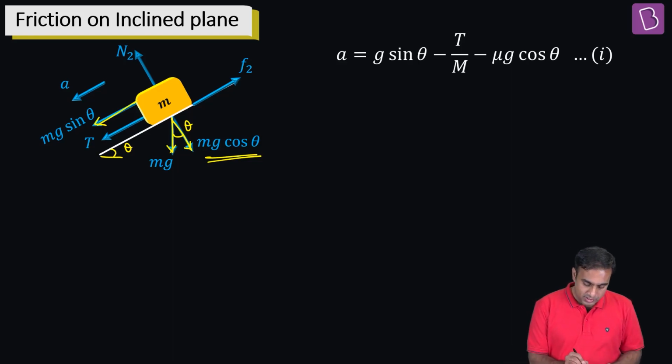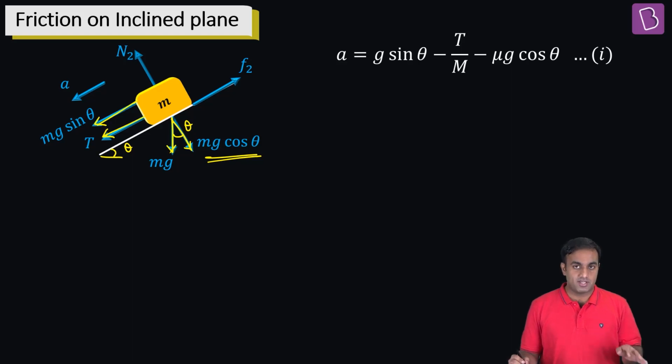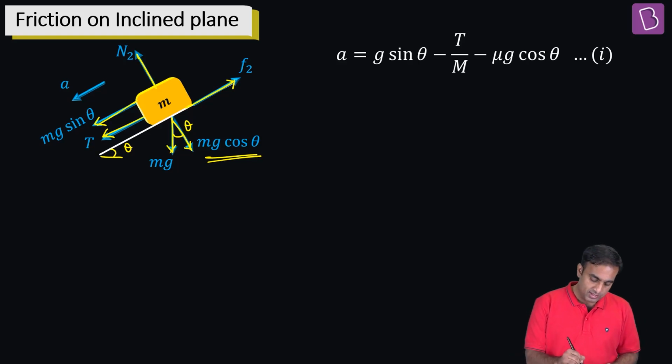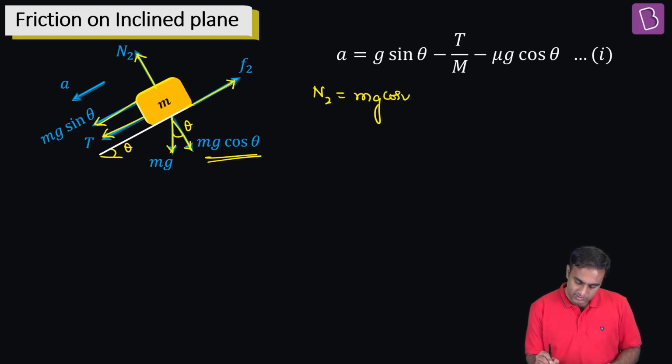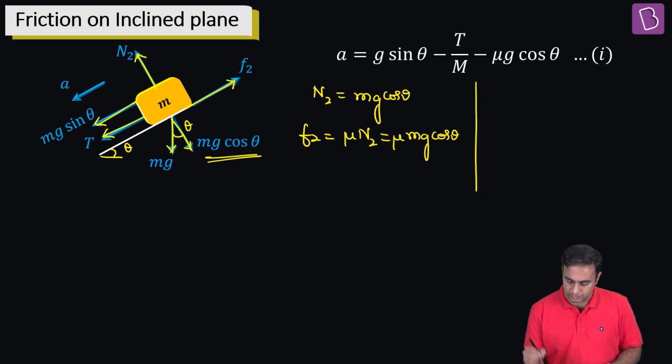Along the rope, the tension is T in this direction, and since the block is sliding, the friction is in the opposite direction, F2, and this is the normal reaction N2. Well, what is N2? It is small mg cos theta. What is F2? It is mu times N2 or mu times small mg cos theta.